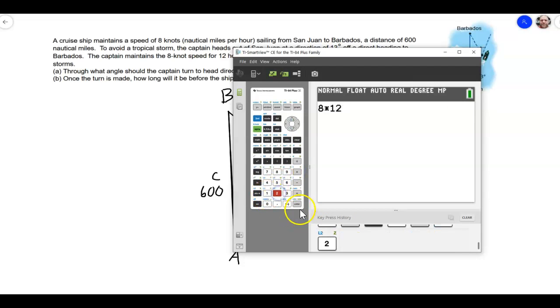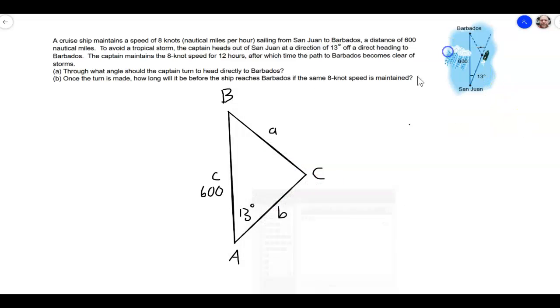So this here should be equal to 96. I'm just going to write that down over there.